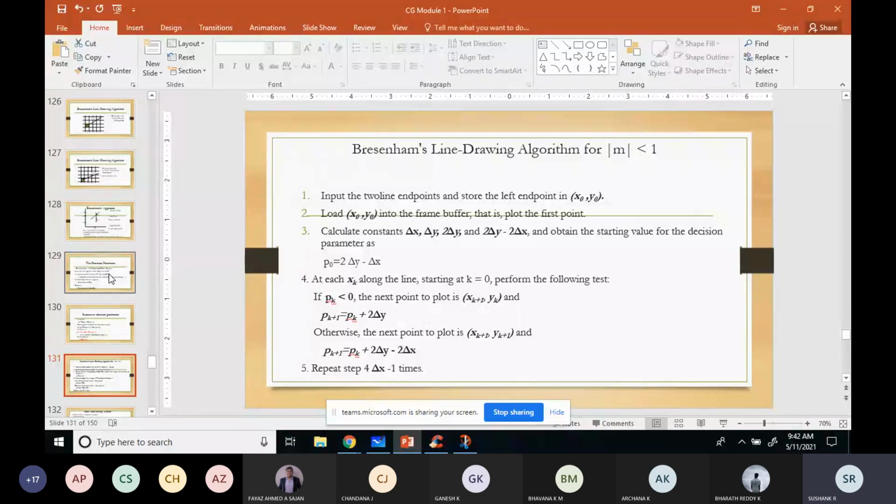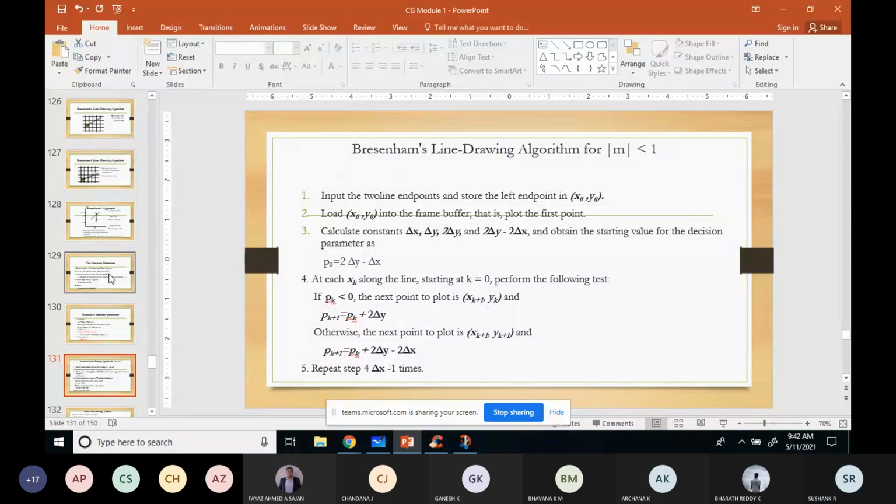So how this algorithm will work means, the first point will be the endpoints of the line: x naught, y naught, and x1, y1. So first will be the endpoints of the line, and the initial parameter.